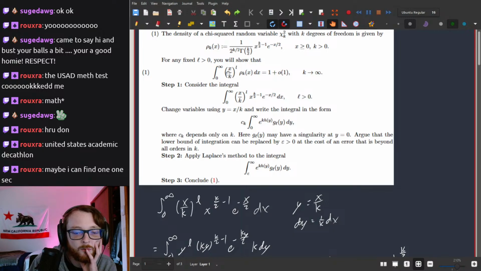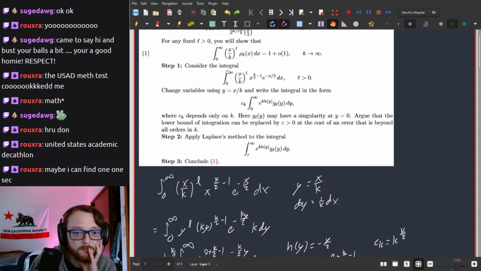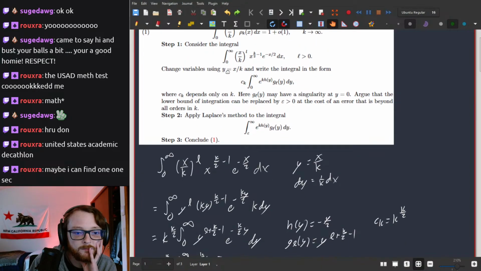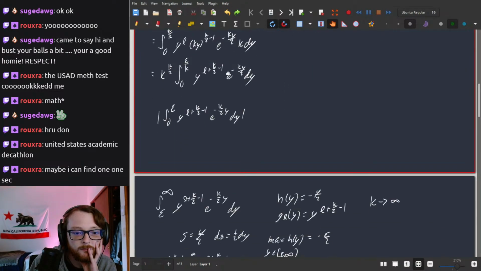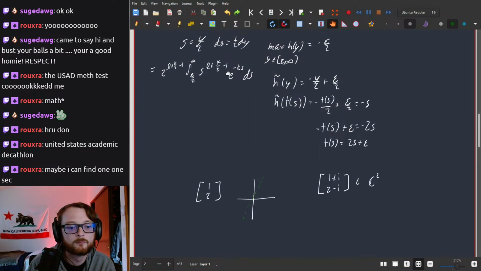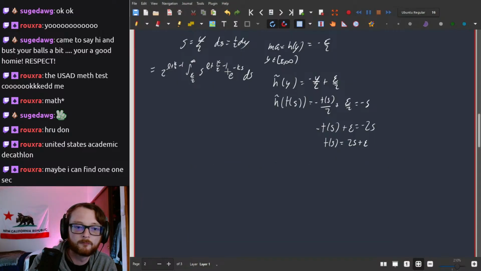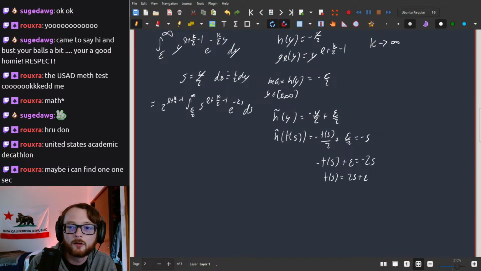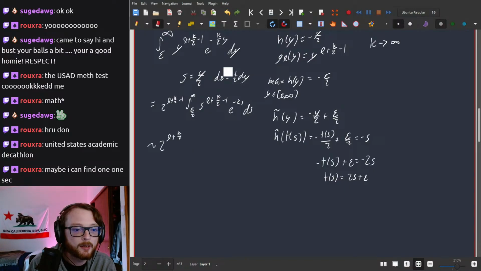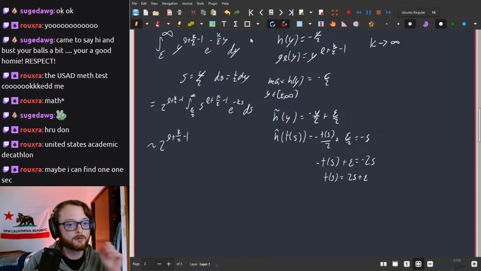And little o of 1 just means that you decay at all. So 2 to the L plus k over 2 minus 1. Watson's lemma.